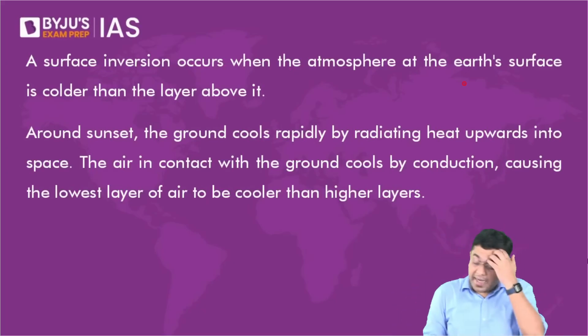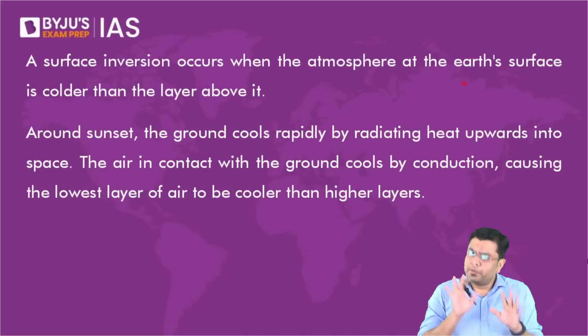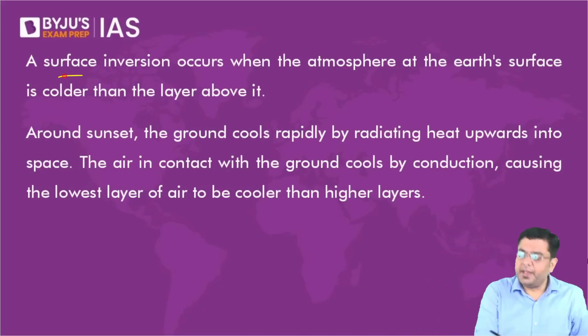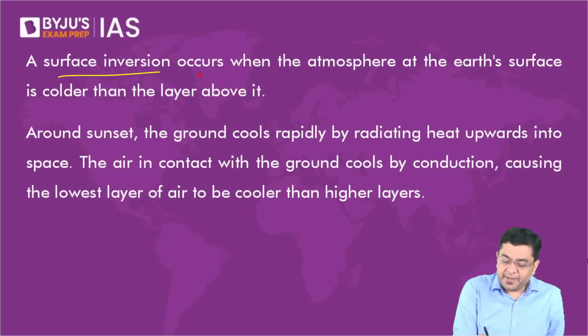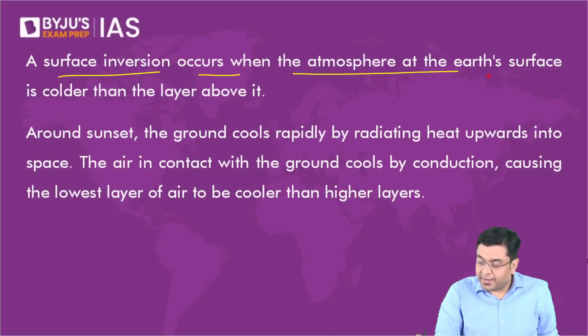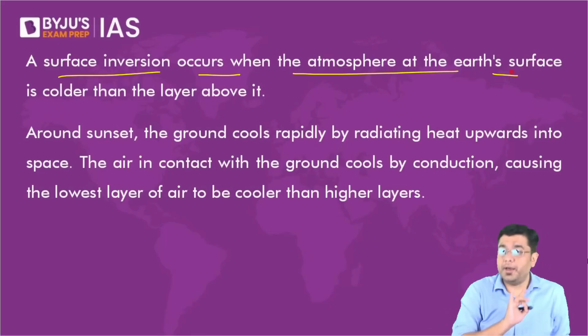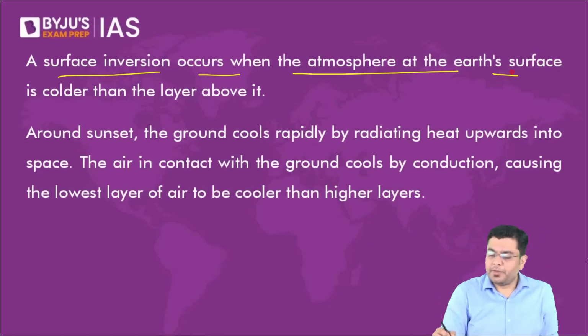Don't worry about it. And then I will take different figures and different numbers for that matter, so that you don't get that kind of uneasiness. A surface inversion occurs, read it carefully. A surface inversion occurs when the atmosphere at the Earth's surface is colder than the layer above it. What is the meaning of this?